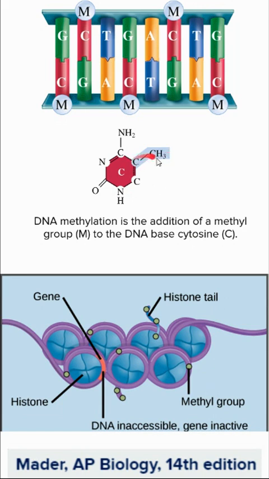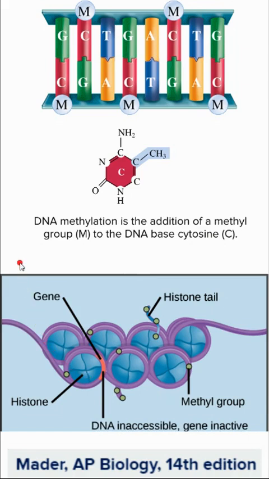So these methyl groups actually attach directly to the cytosine base and not just to the histone tails. So the methyl groups are going to attach to these cytosines, and that's again going to have the DNA wrapped tightly around the histones.